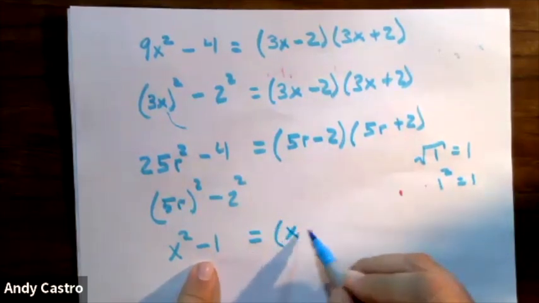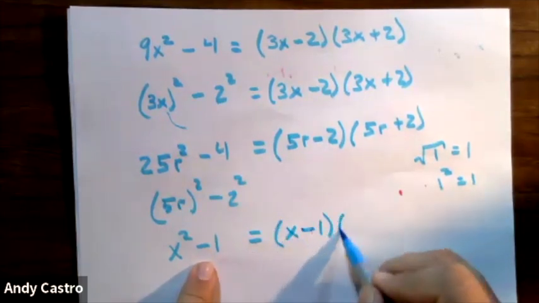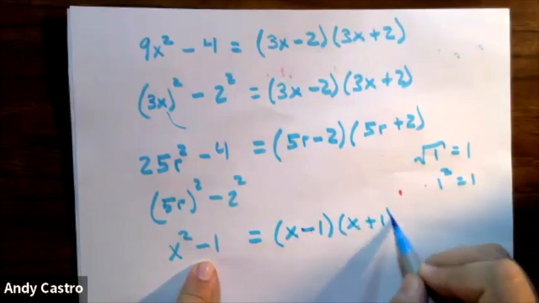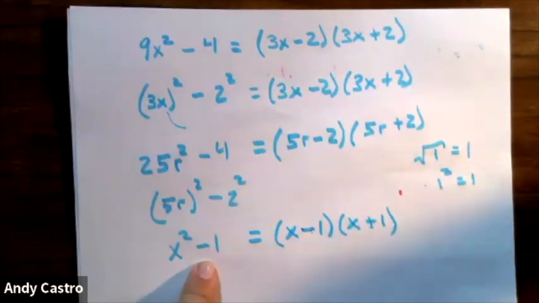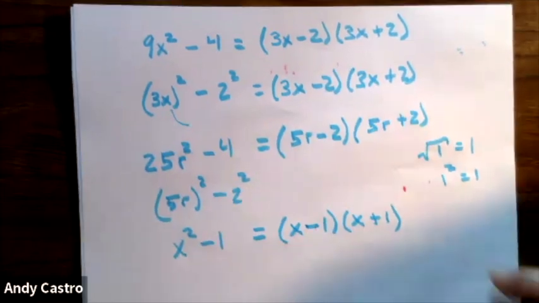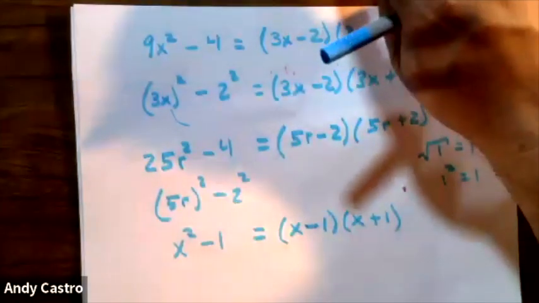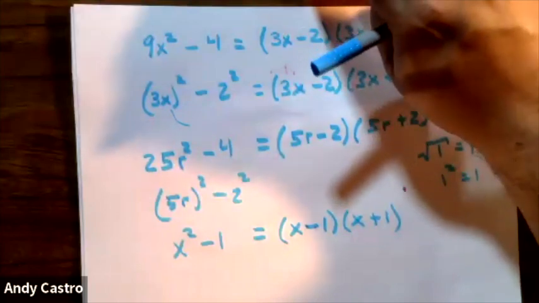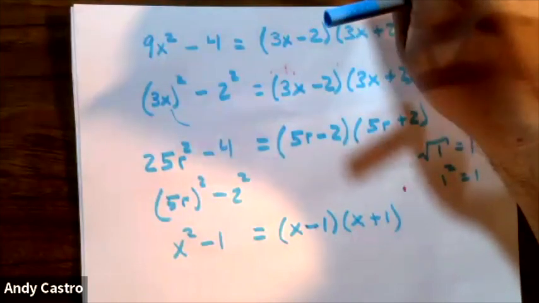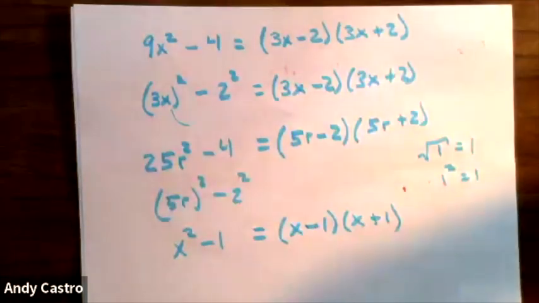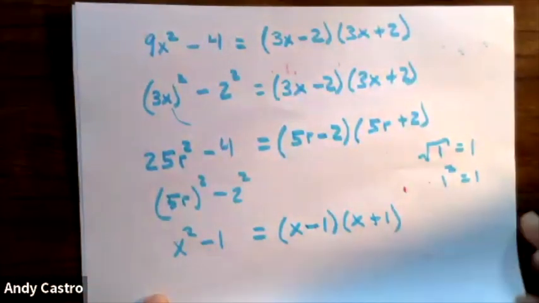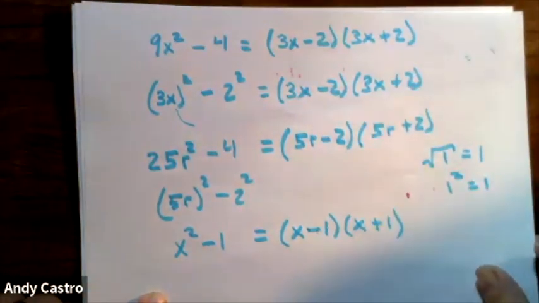So this is x minus 1 times x plus 1. Well, that one's pretty straightforward.